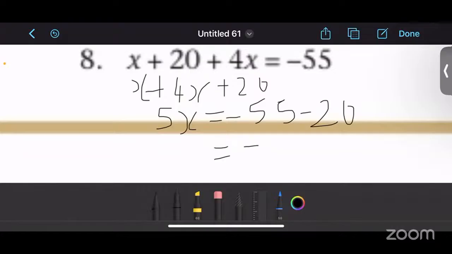No, it's negative 35. Negative 55 minus 20, how much is it? Negative 35. How did you get negative 35? Or positive 35. How did you get that?